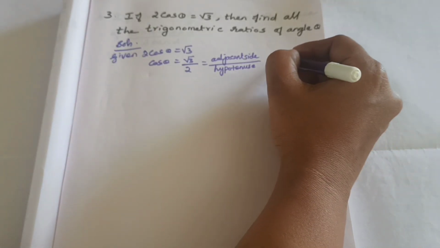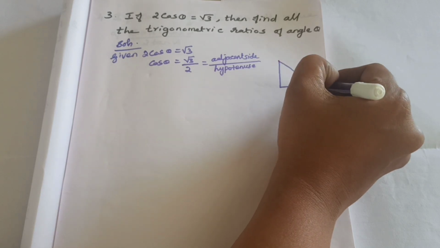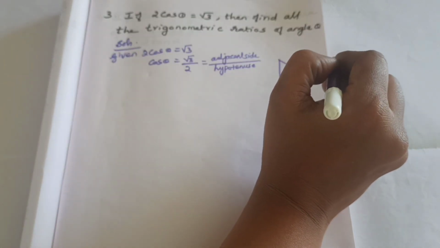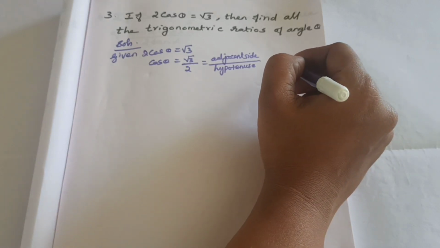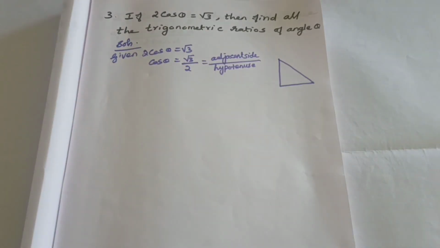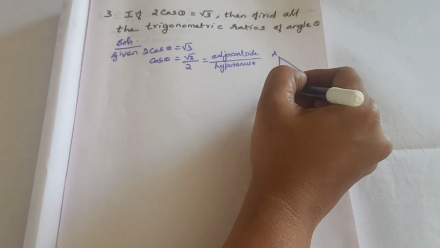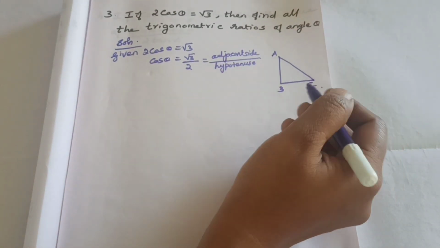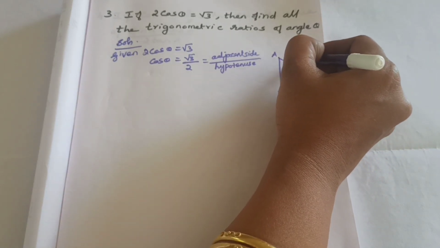So first we have to draw one right angle triangle. Okay, in the right angle triangle, then what we can find here? Right angle triangle, this one ABC. I have to take here A, B, C. Okay, then this one 90 degree. 90 degree opposite side is called what?